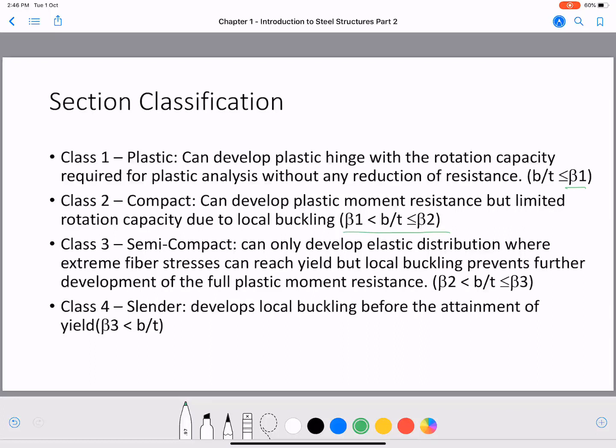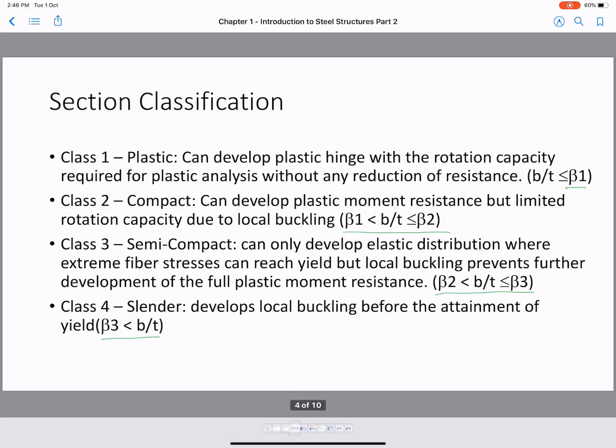Class 3, semi-compact, can only develop elastic distribution where the extreme fiber stresses can reach yield, but local buckling prevents further development of the full plastic moment resistance. So this is called a class 3 section. The slender section develops local buckling before attainment of the yield, which we already discussed.